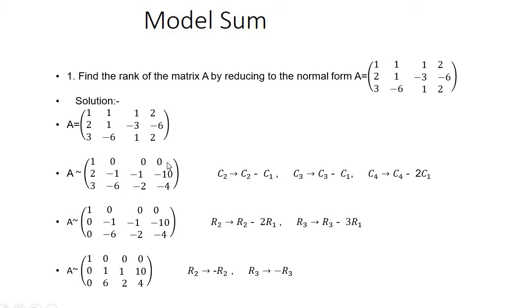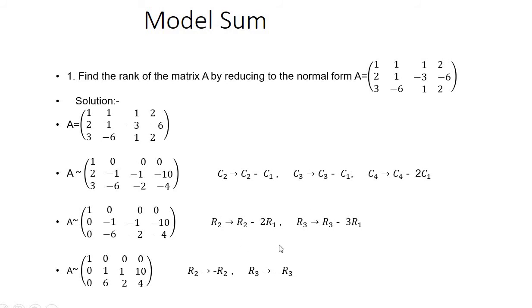Okay. Now, immediately after this step, let us concentrate on the first column. In the first column, we have 1, 2, 3, and we have to make these 2 and 3 zeros, because except the first element, all other elements in this column should be 0. So, to reduce this, R2 is equal to R2 minus 2R1, and R3 is R3 minus 3R1.